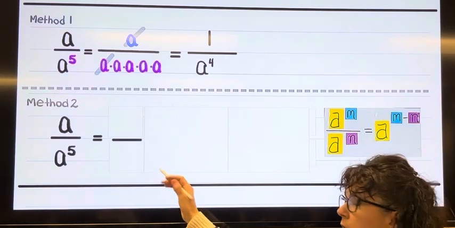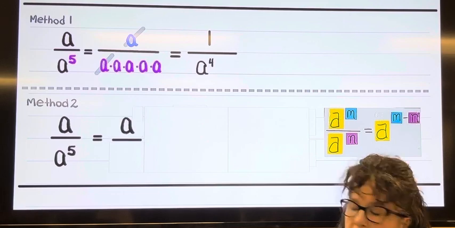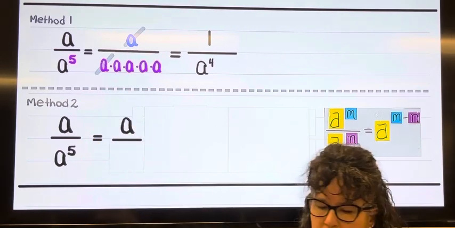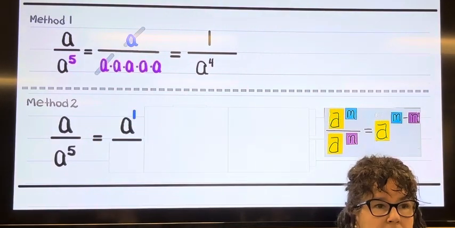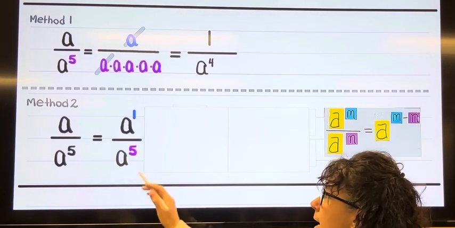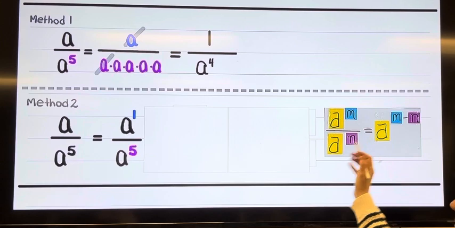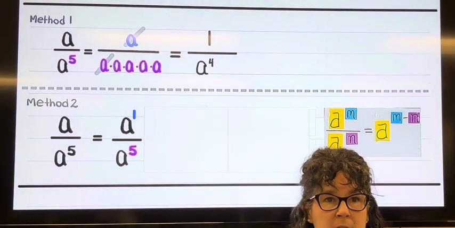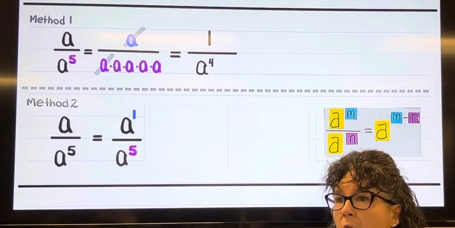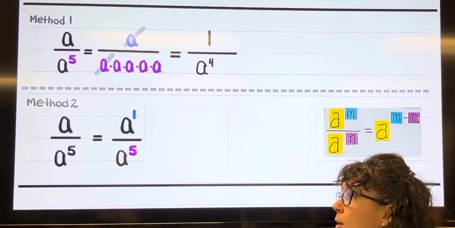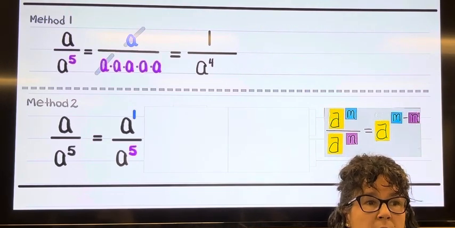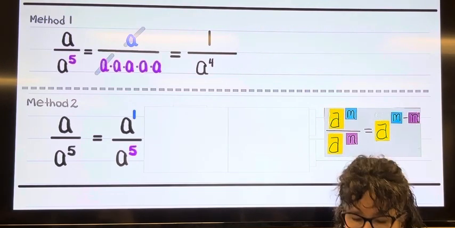But here, I don't see the exponent on a, so I'm just going to put a 1 there to emphasize that. And then I have my a to the 5th in the denominator. So applying this rule, I'm going to subtract my exponents, but there are more a's in the denominator. So when I subtract 5 minus 1, the leftover is in the denominator.